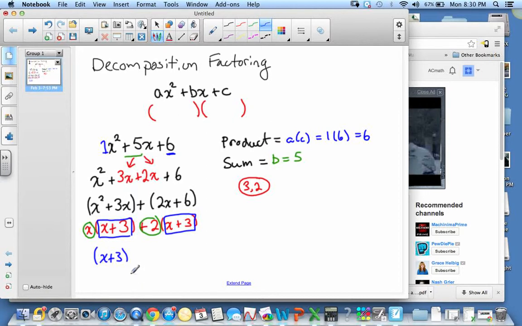I've unfished an x plus 3, and what I'm left with at the end of it is an x plus 2. Hey, bingo! Something times something. It looks a lot like this. Something times something. This is considered factored. And I'm done. So this is the machinery of decomposition.